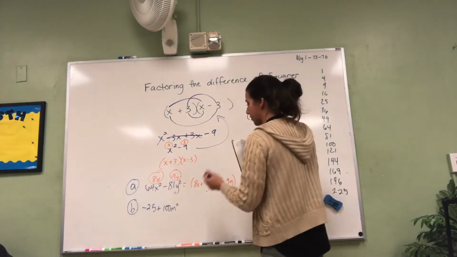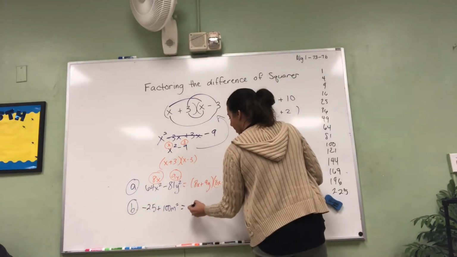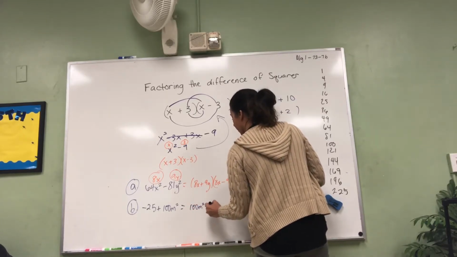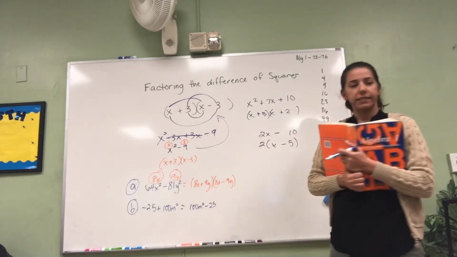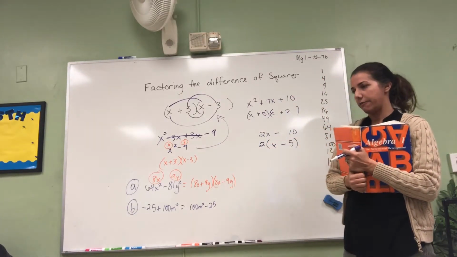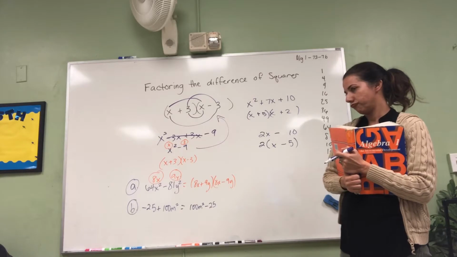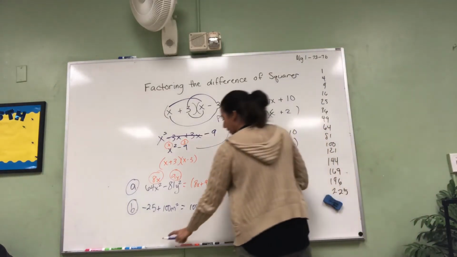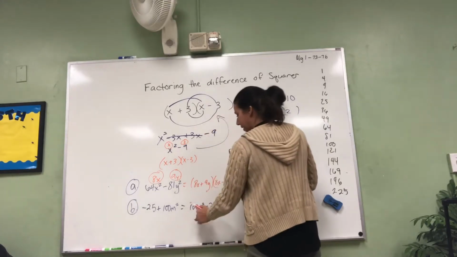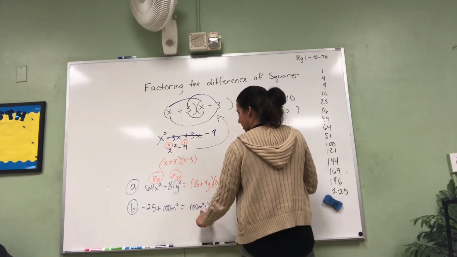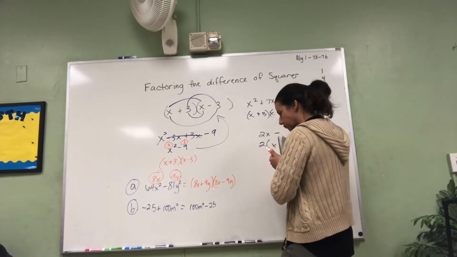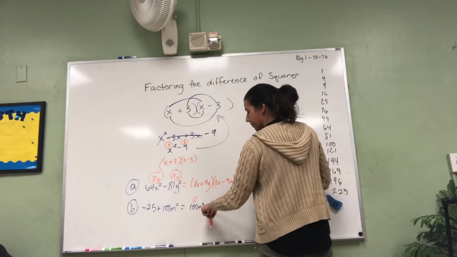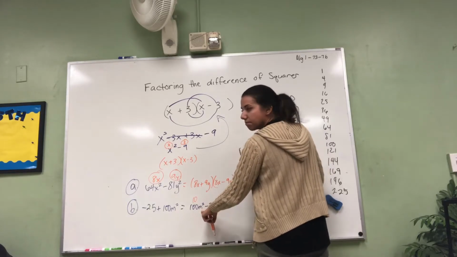If we switch the order, then we would have 100m squared minus 25. Is that a difference of squares? Oh yeah? Then what are they? Ethan, what's the square root of 100m squared? 10m.